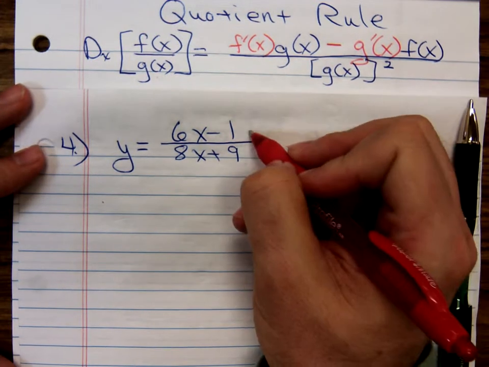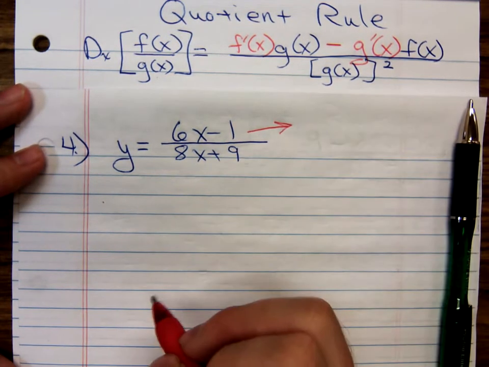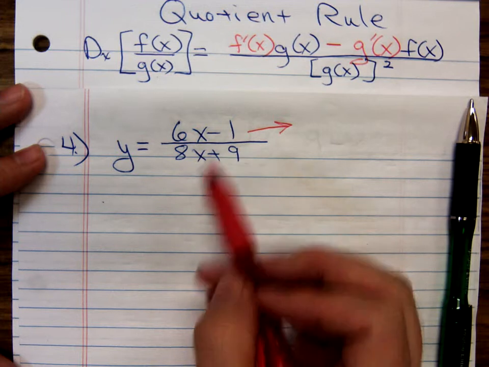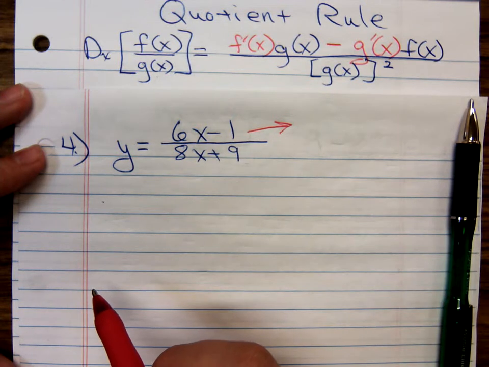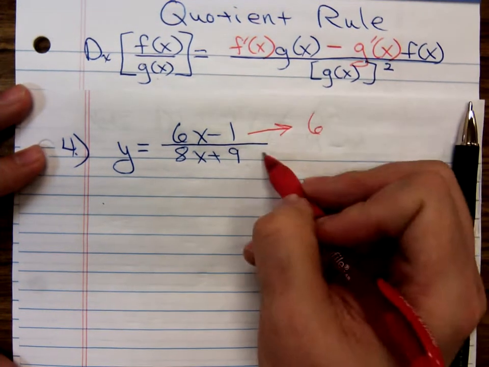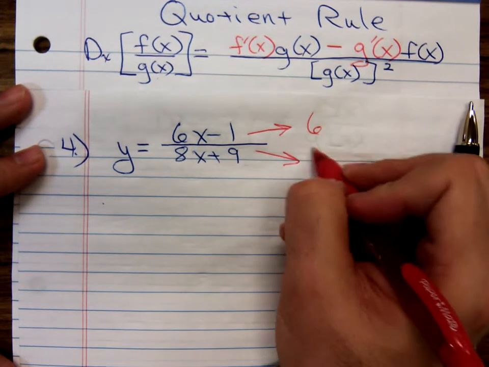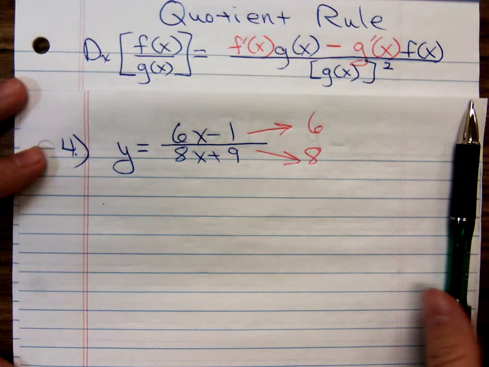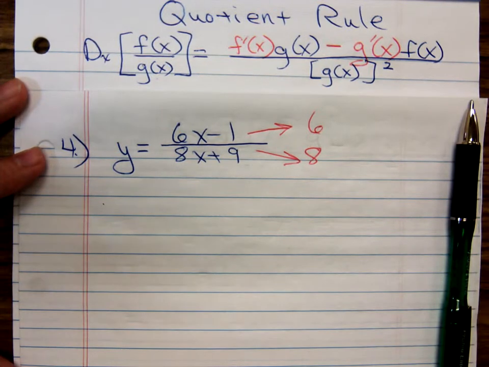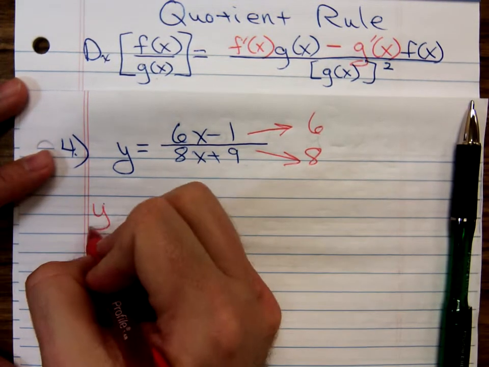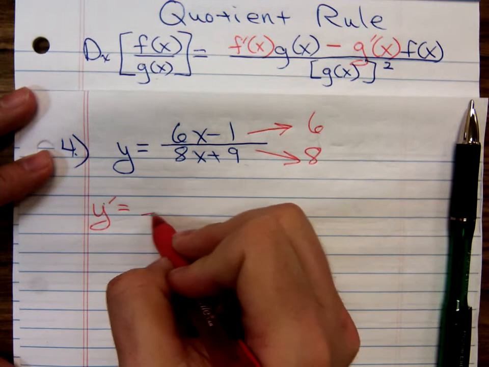We need to know the derivative, so let's differentiate. What's the derivative of 6x minus 1? 6. What's the derivative of 8x plus 9? 8. So here we go. y prime is equal to, and it's going to be a fraction, so I'm going to write the fraction bar.